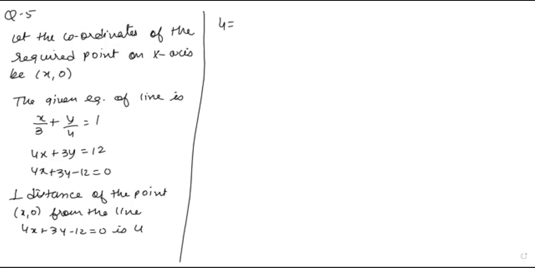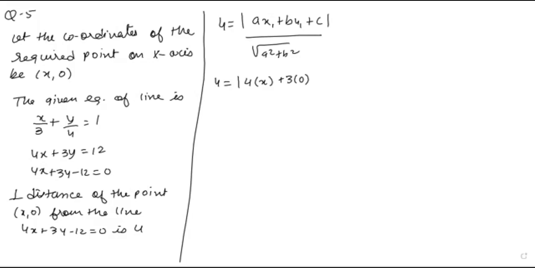So 4 is equal to mod ax1 plus by1 plus c upon square root of a square plus b square. That is 4 is equal to mod 4 into, in place of x I will keep x only, and plus 3 into, in place of y I will keep 0, minus 12 upon square root 4 square plus 3 square.